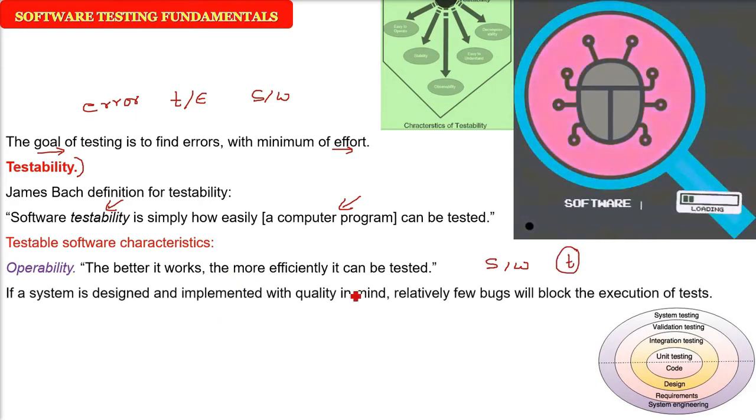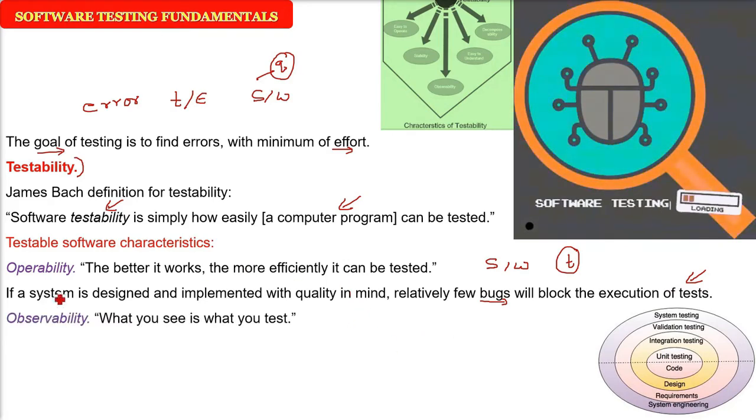When we are designing the software, modeling the software, and going through the different development lifecycle phases, we always keep quality in mind. That means there will be few bugs and few errors, and these errors will not block the execution of tests. So the test cases will be fewer, and the result will be finer.